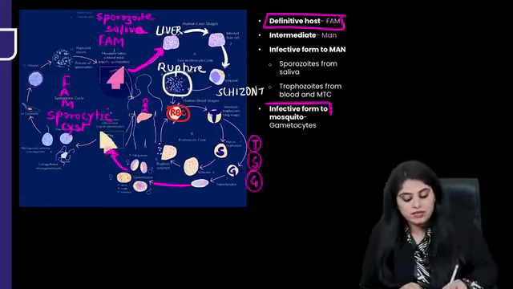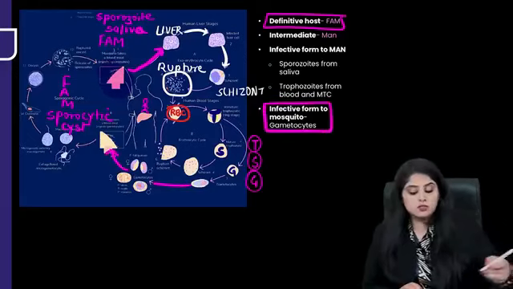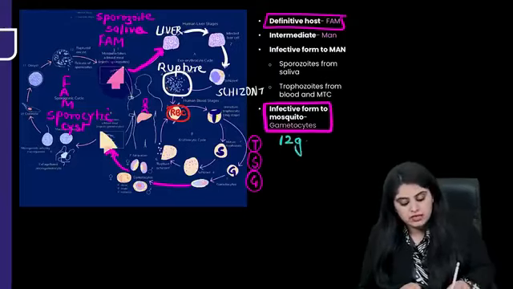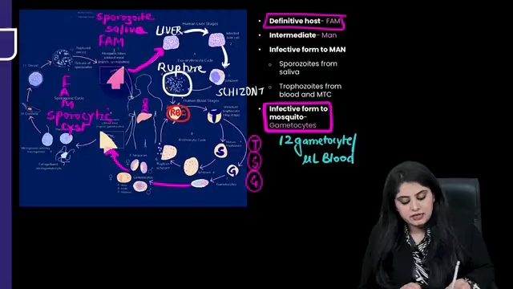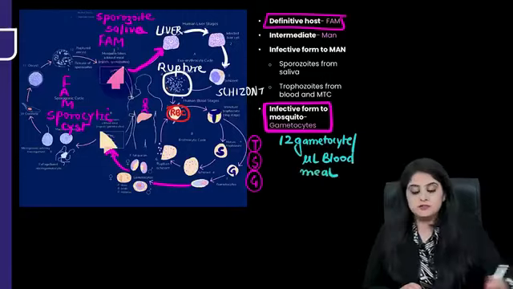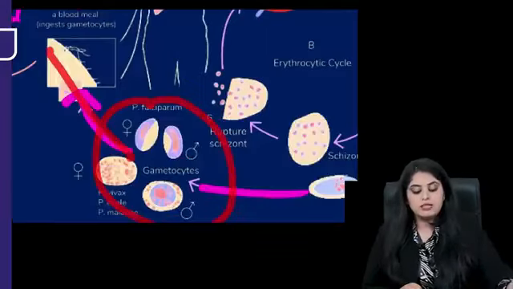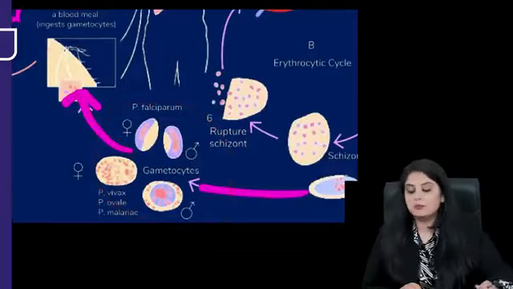So which is the form that is infective to the mosquito? To the mosquito, the gametocyte is going to go, and please note there have to be at least 12 gametocytes present per microliter of blood to make it infective. So it should take up at least 12 male and female gametocytes per microliter.